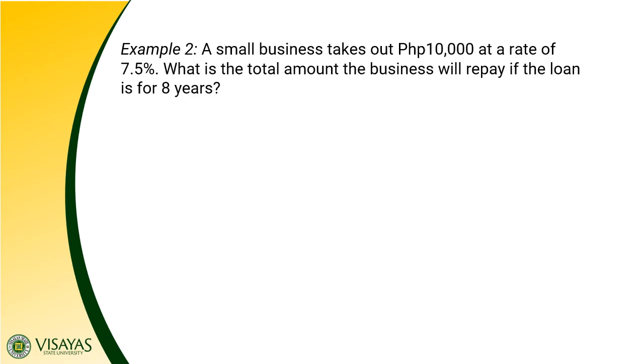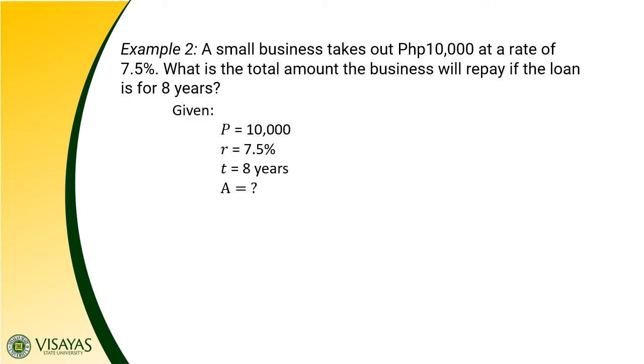Let's have another example. A small business takes out 10,000 pesos at a rate of 7.5%. What is the total amount the business will repay if the loan is for 8 years? Okay? And in answering again the problem, let's start with the given.